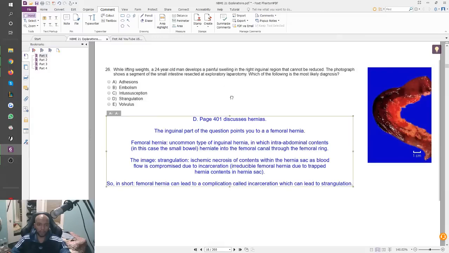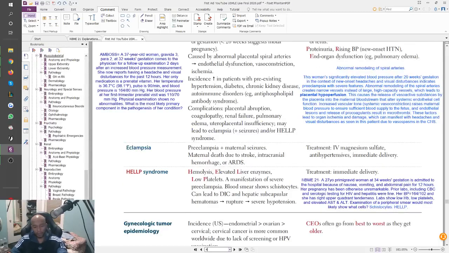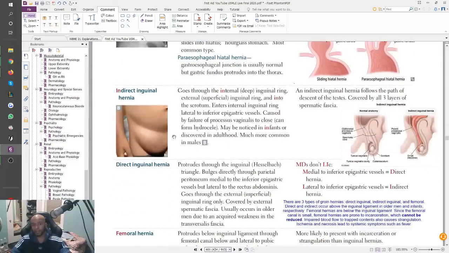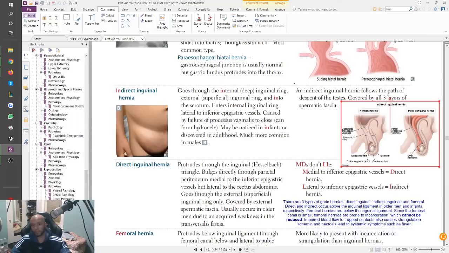I'm not 100% sure right now, though. I don't know when I wrote this, but I'm not 100% sure if this is a femoral hernia, because femoral hernia occurs in females, right? So let's just take a look at 401. This guy was lifting weights, and lifting weights can also cause an indirect inguinal hernia, which could theoretically also cause strangulation of that portion that went in. Let me make this bigger.